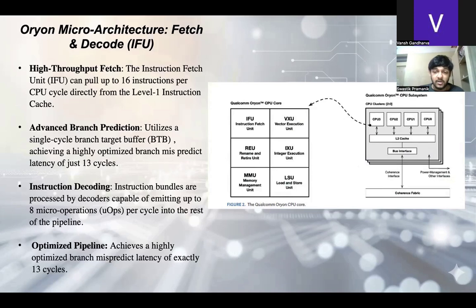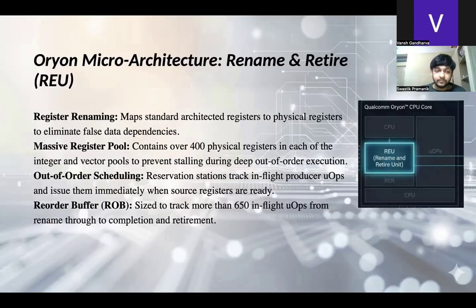The instruction bundles are processed by decoders capable of decoding up to 8 micro operations per cycle. This ensures a smooth, efficient instruction pipeline, minimizing delays and improving performance. And this also optimizes the branch for up to 13 cycles.